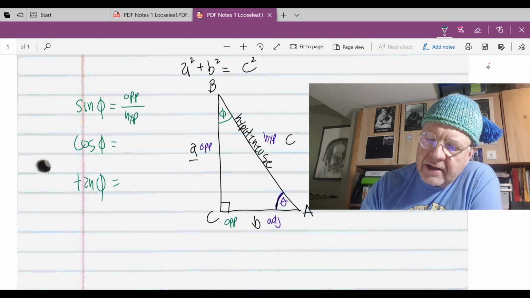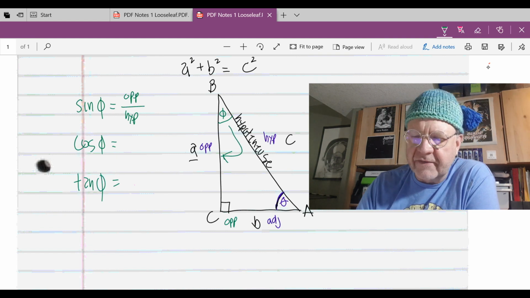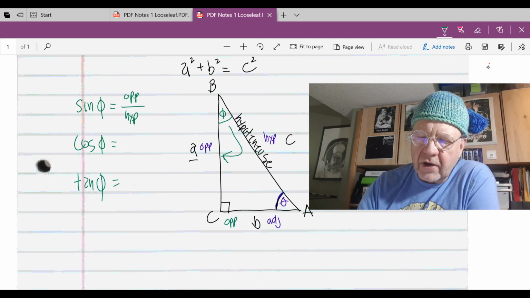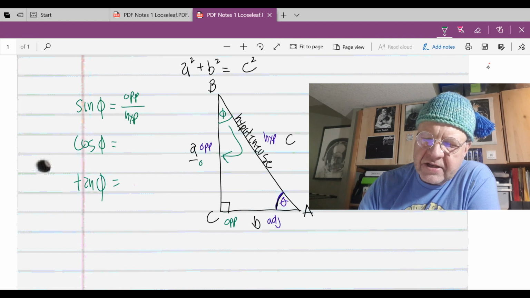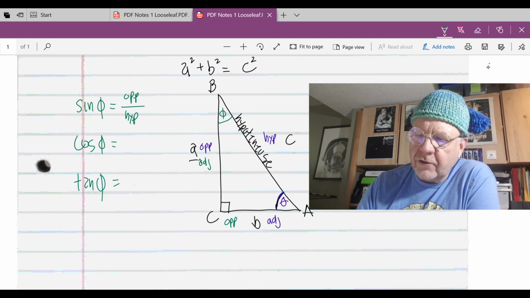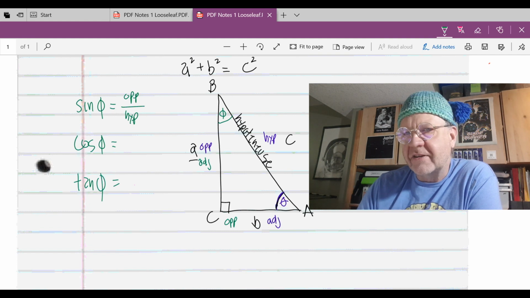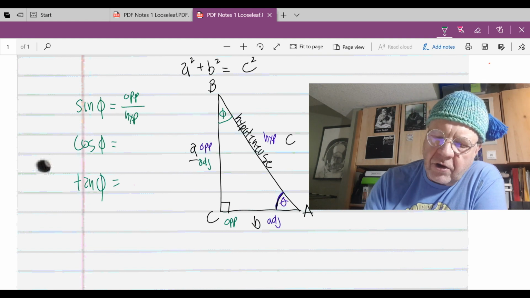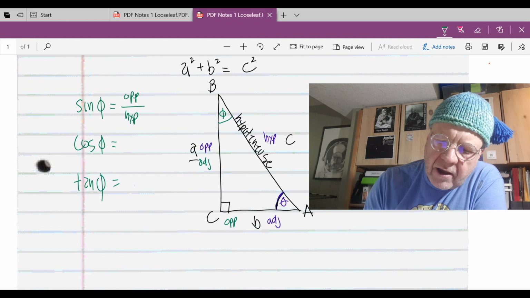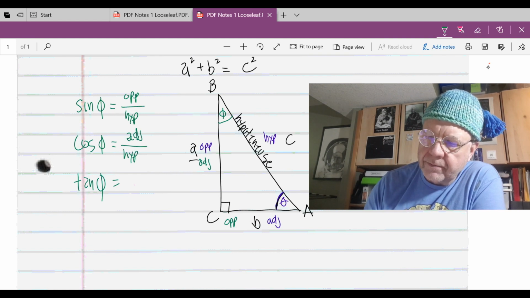Similarly, the adjacent side to phi is going to get a little bit of a name change there. It is opposite to angle theta, but it is adjacent to angle phi. And so cosine remains adjacent over hypotenuse, just like it was over here.